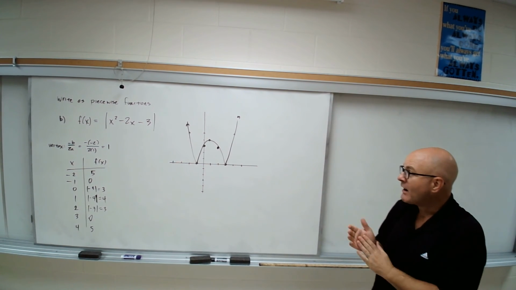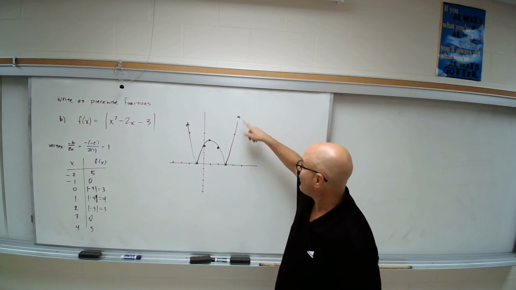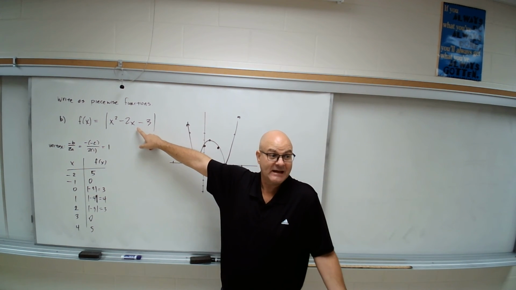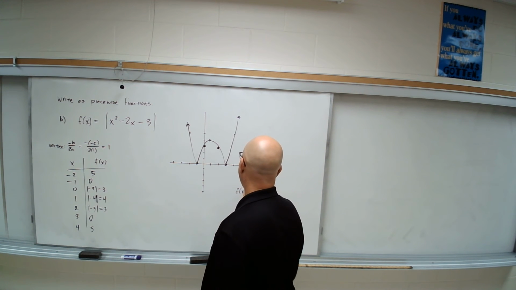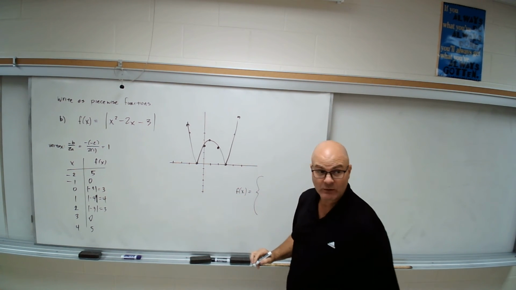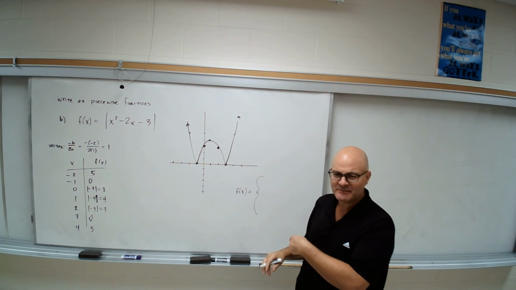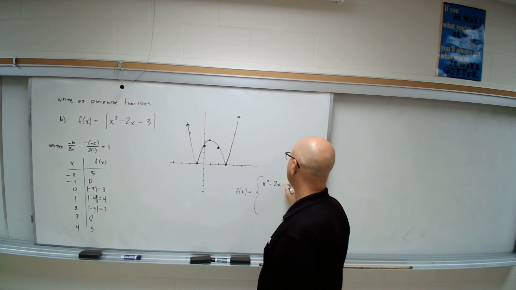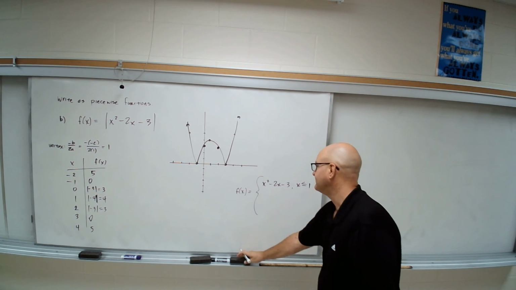So now as we go to write our piecewise function, the first thing you want to realize is this part and this part is just that parabola. Like, it didn't change. It's just that parabola. So we're going to be 2/3 of the way done pretty quickly here. Okay, and we don't want to put the absolute value inside the piecewise. That would just kind of defeat the purpose. But we could say x squared minus 2x minus 3, and that would be if x is less than or equal to negative 1.